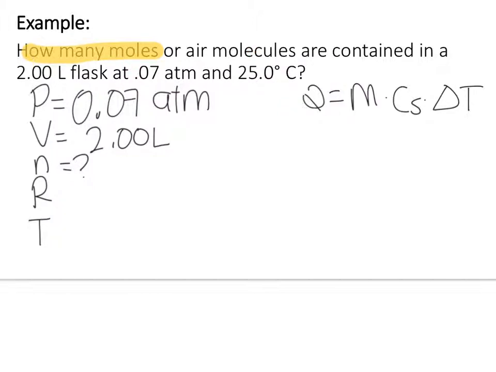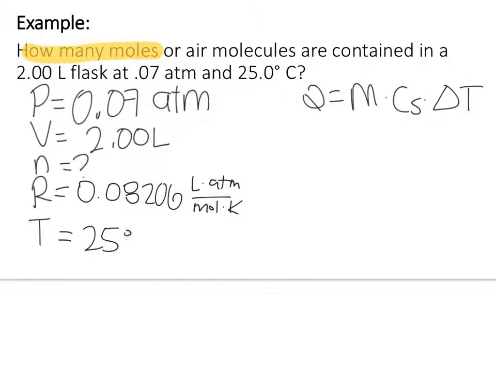So, a little tricky. Our R, we always know, is 0.08206 liters atm per mole Kelvin. And your temperature is 25 degrees Celsius. We need to convert that to Kelvin. So that's 298 Kelvin.